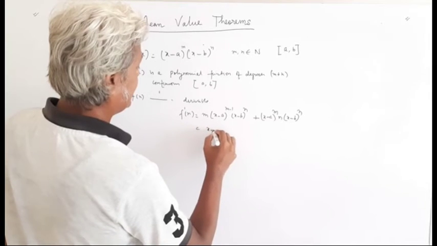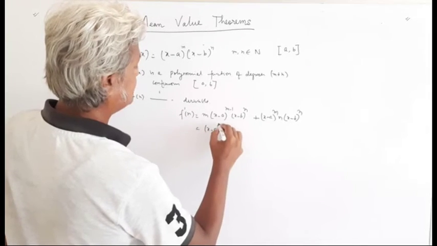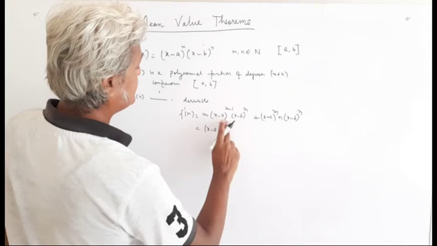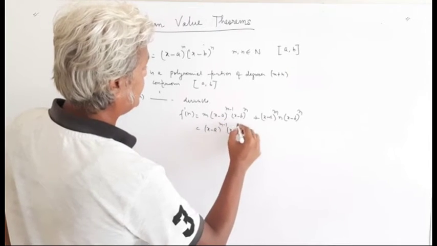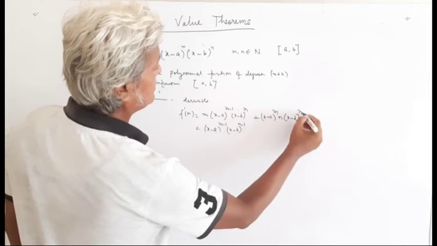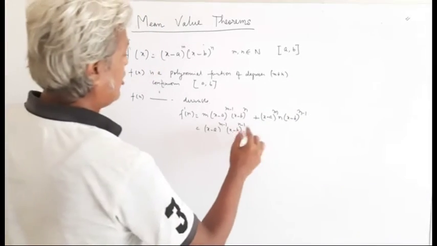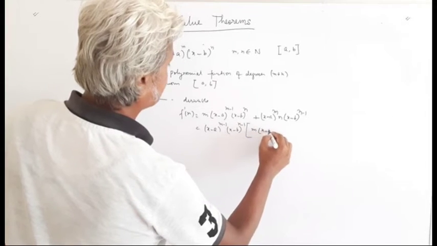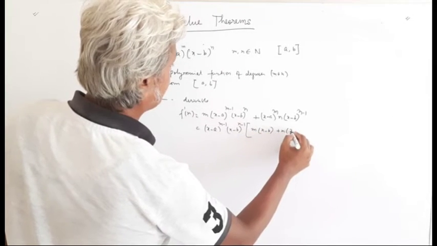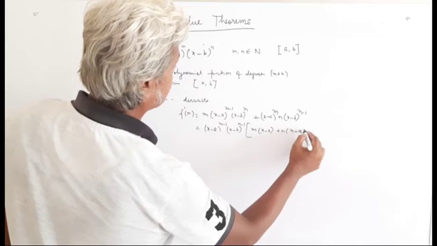So if you take (x minus a) to the power m minus 1 and (x minus b) to the power n minus 1 common, then you will get m(x minus b) plus n(x minus a).